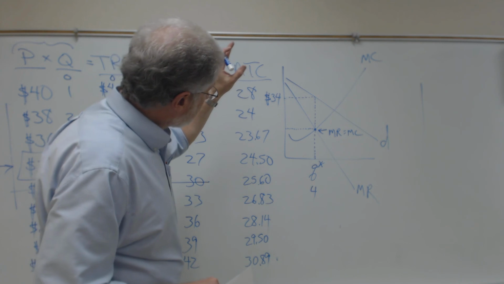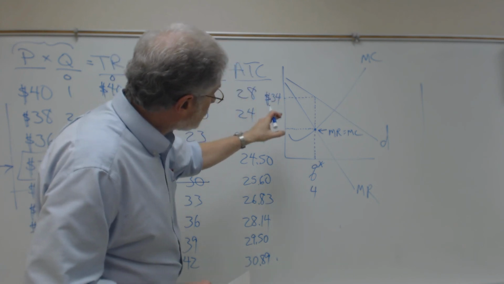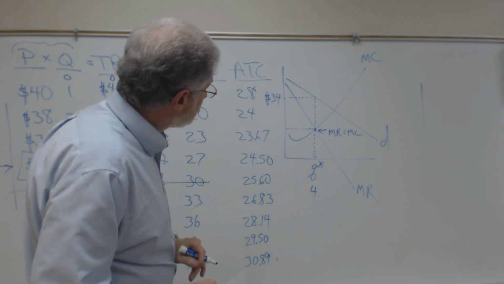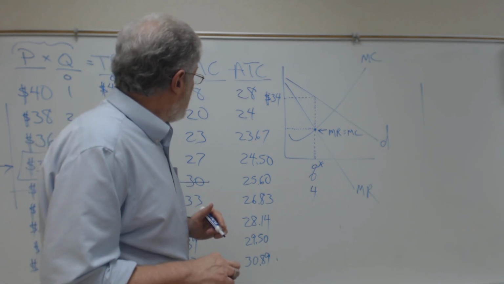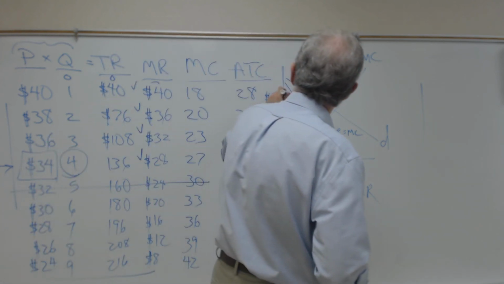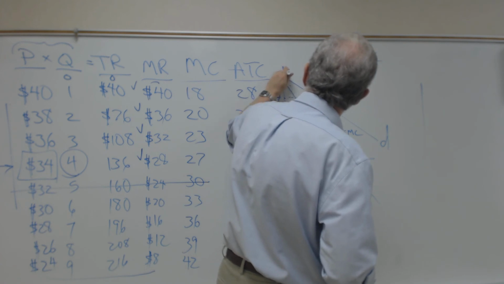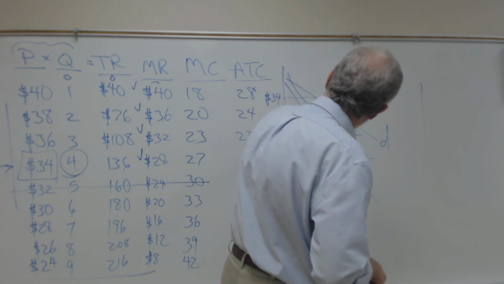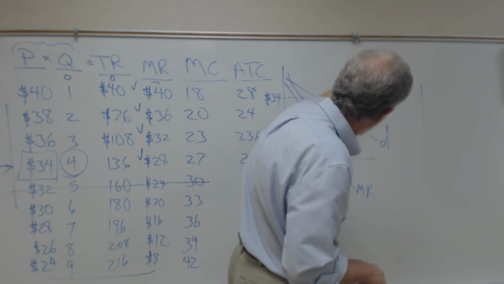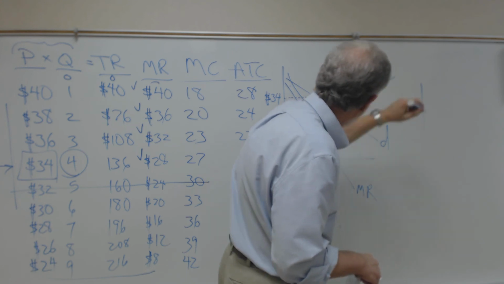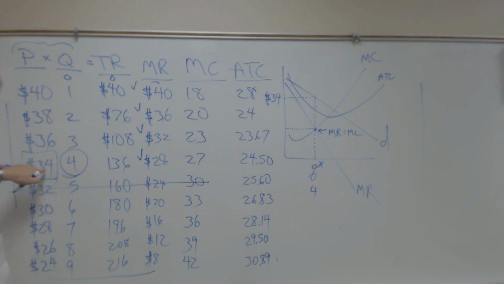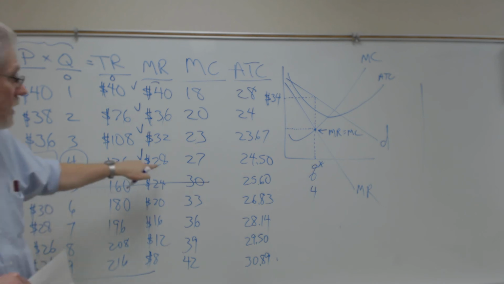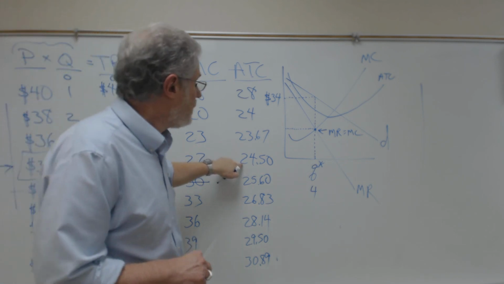If we put up the average total cost curve, then we could see the profits as well. And let's do this. Why not? ATC could be anywhere. But for this particular problem, we know that for 4 units, the price is greater than the ATC.